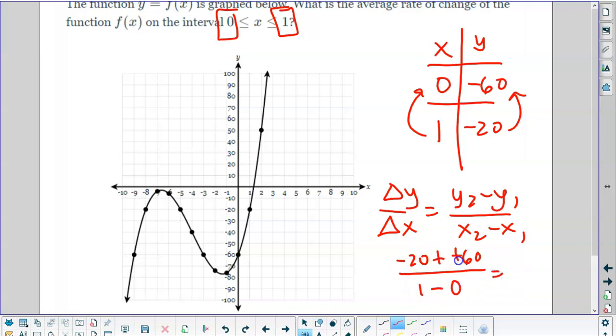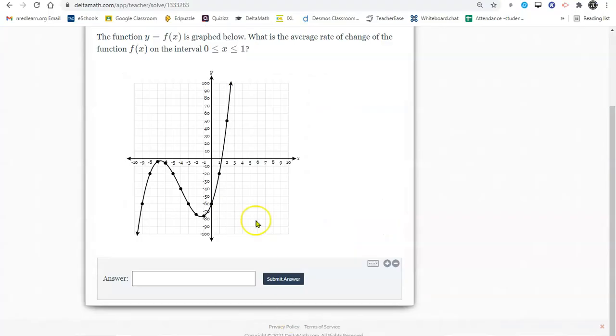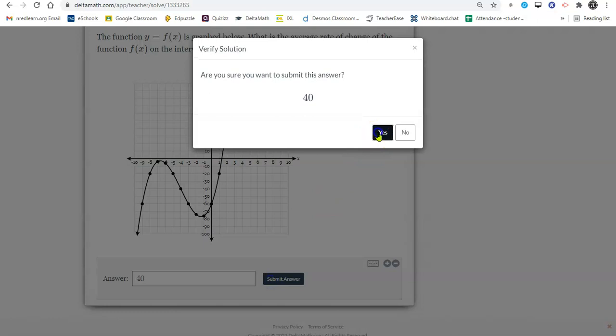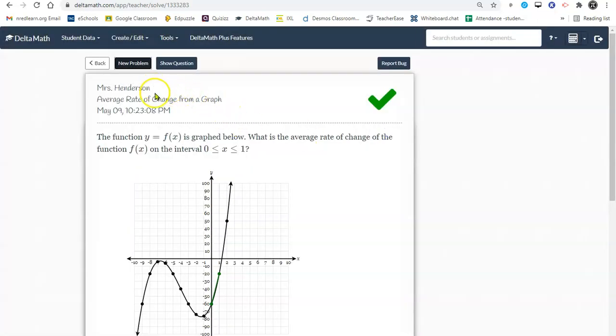So we're going to get 40 over 1, which makes sense because it goes up 10, 20, 30, 40 over 1, right? It goes rise over run. So those are all the ways you can calculate the average rate of change. 40 over 1. So we'll put that in here. The answer is 40. There you go. And that is how you complete homework number 6.